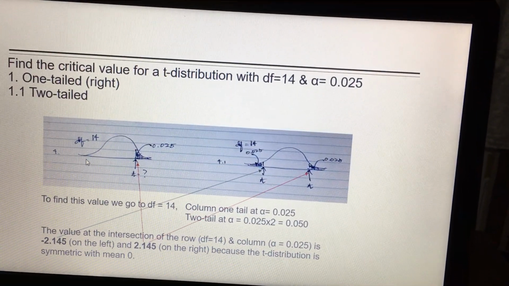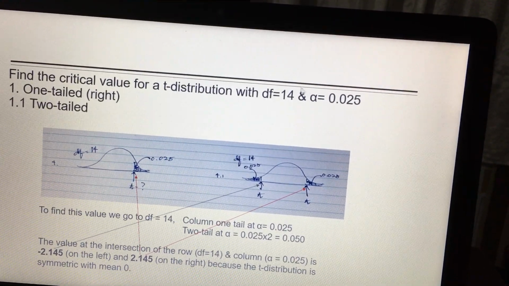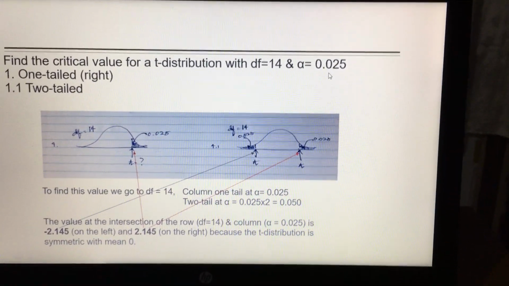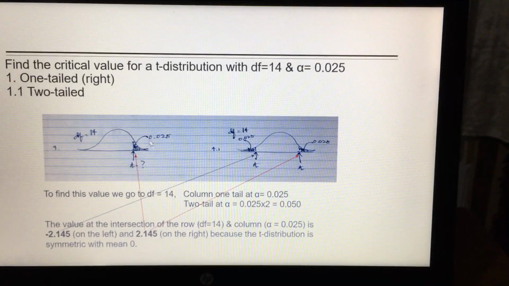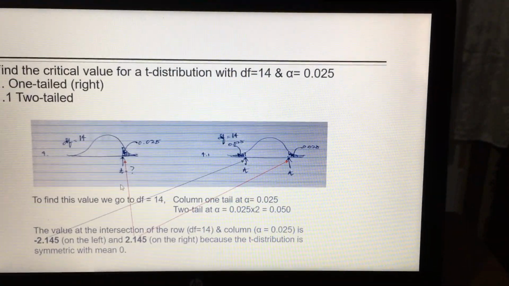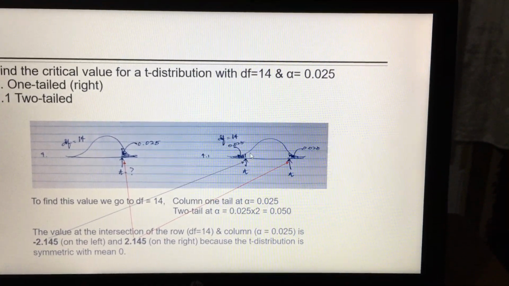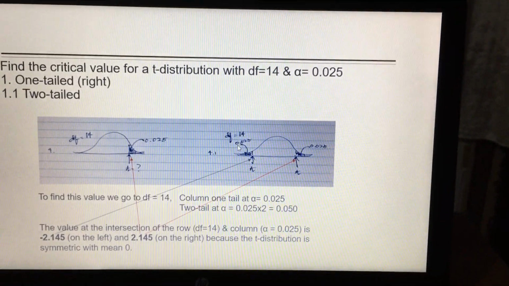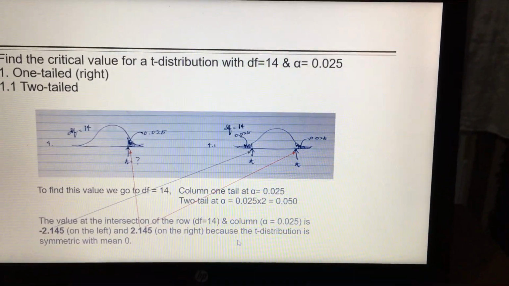For example number 4, we are asked to find the critical value for the distribution at degrees of freedom 14 and alpha equal to 0.025. When we look at the one-tailed on the right and the two-tailed, we cover on the right tail 0.025, and on the right and the left tail of the two-tailed also covering an area or a significance level of 0.025 at degrees of freedom 14.